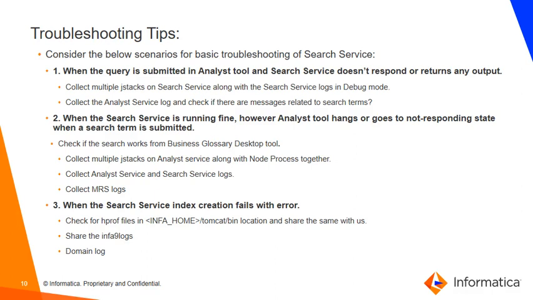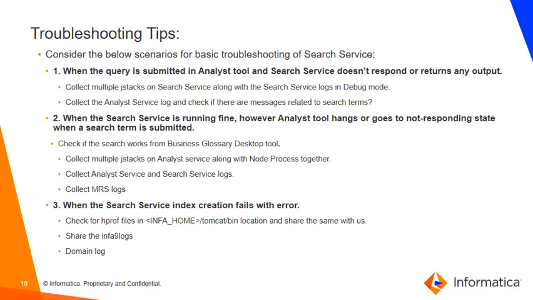In this case you can collect the JSTACKs of the analyst service along with the node process, and also collect the analyst service and search service logs, and the MRS logs as well. These are the reference logs we need to collect.